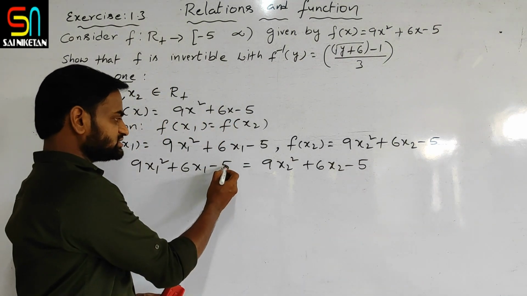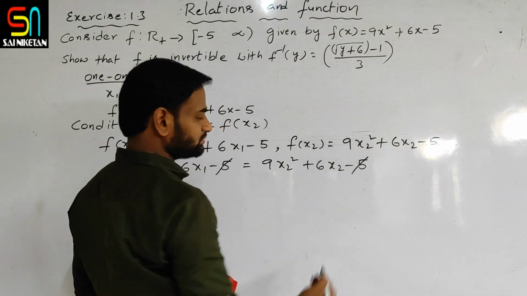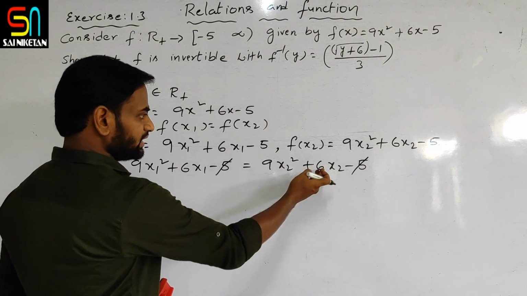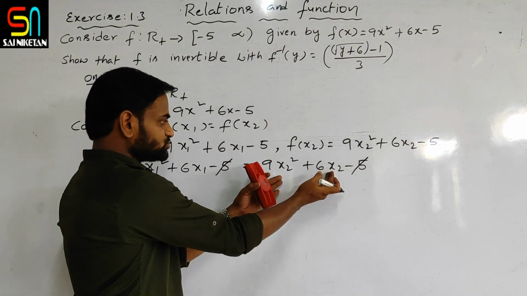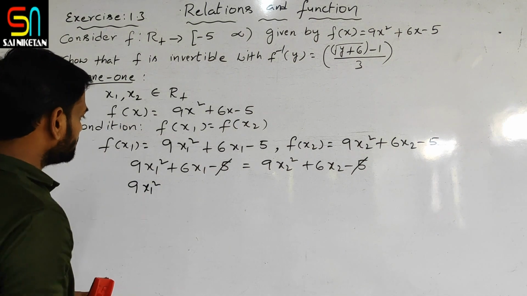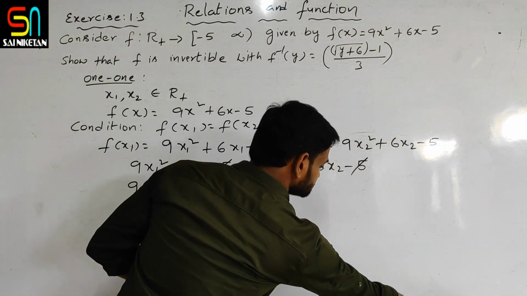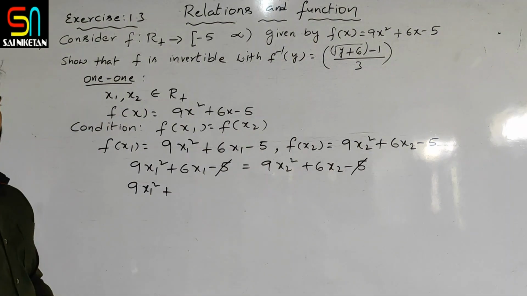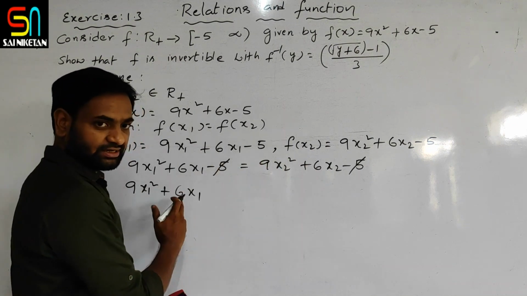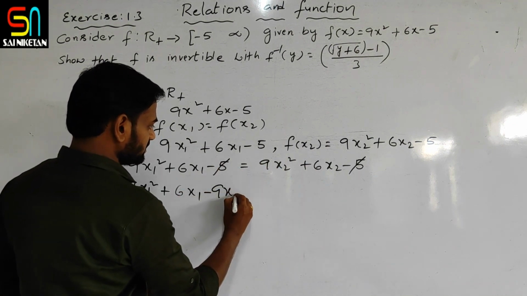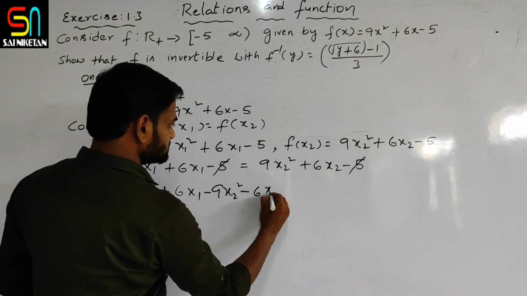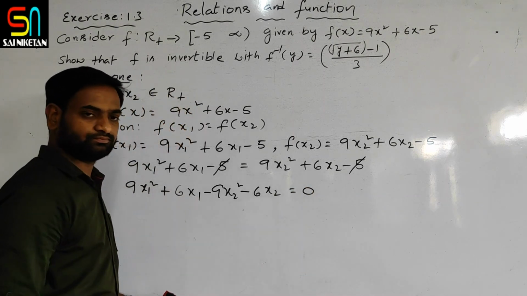Now on both sides minus 5 gets cancelled. Now what is remaining is 9x2 square plus 6x2. Send these two terms to the other side. That is 9x1 square plus 6x1, minus 9x2 square, minus 6x2 equal to 0.